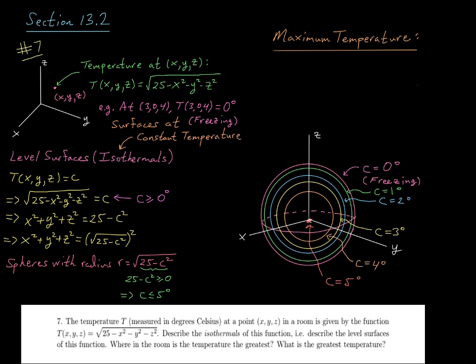Okay, so here we can see, well, the temperature here has a maximum of 5 degrees Celsius, and this occurs just at the single point in our room, which is located at the origin. Okay, well, great. That's going to do it for this problem.